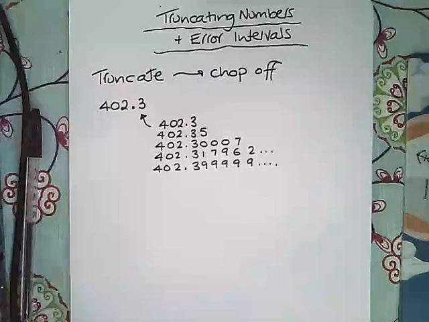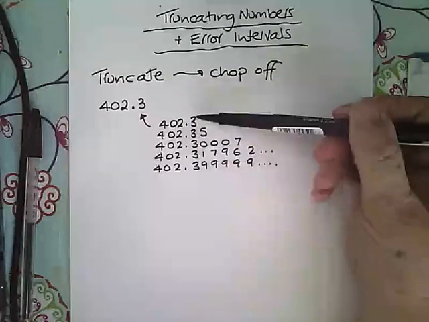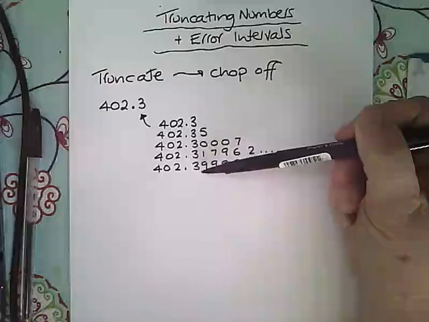It could have been any of those numbers, because what happened was they just chopped the number off where the 3 was without thinking about any rounding.